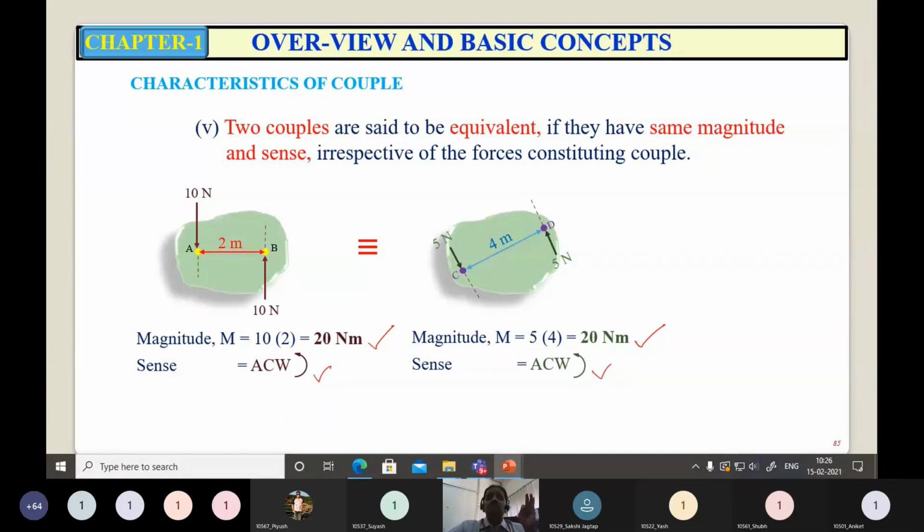The moment of a couple is always constant, irrespective of the points about which the moments are taken. And two couples are said to be equivalent if they have the same magnitude and sense, irrespective of the forces constituting the couple. So any doubt?